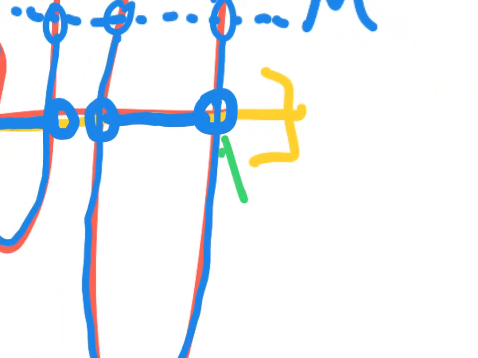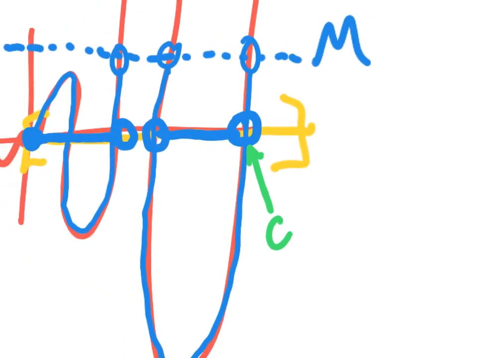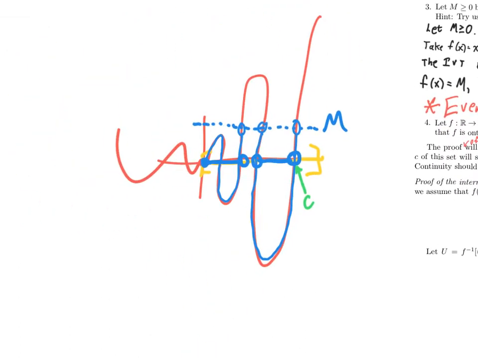It looks like the supremum of that set is right there. So there's the thing that I would want to call C. Does this x value appear to correspond to a y value that is exactly equal to m? Yeah, it looks like it. So it looks like that's what I want to study.